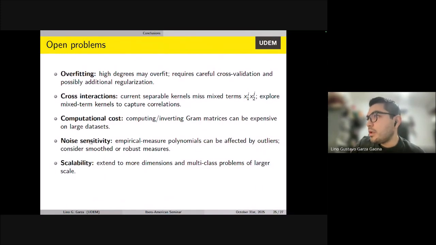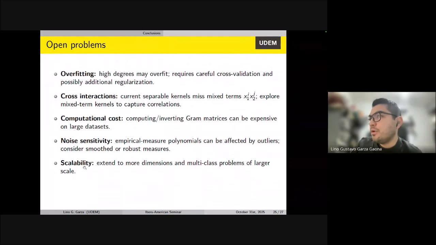Also, there is noise sensitivity: we need to see how this empirical measure can be affected by outliers. In this work, we have been using a random sample of the data, but what if that sample has many outliers that may affect our results?